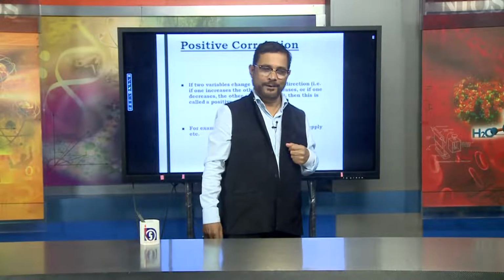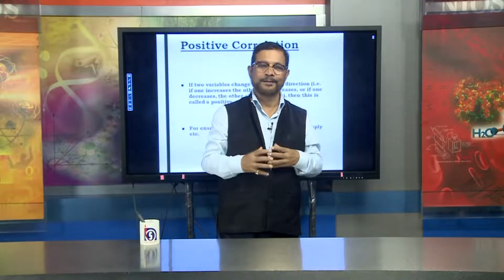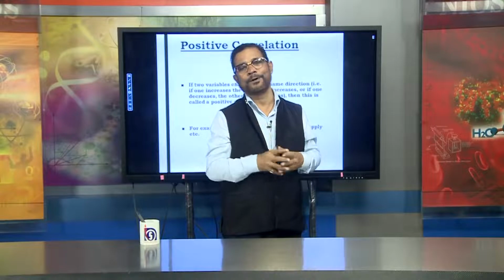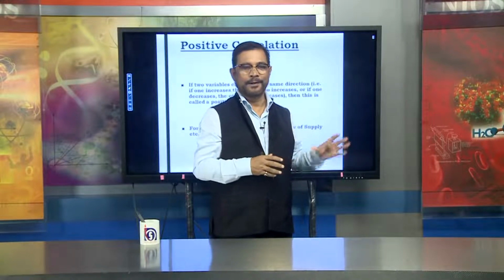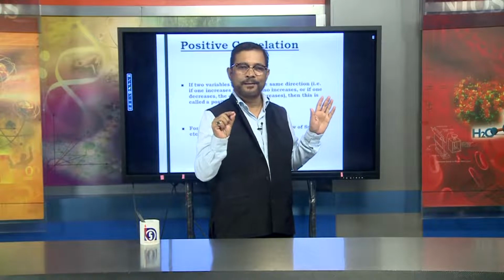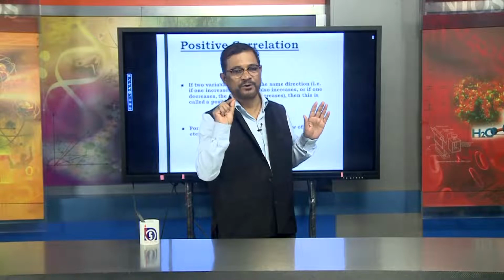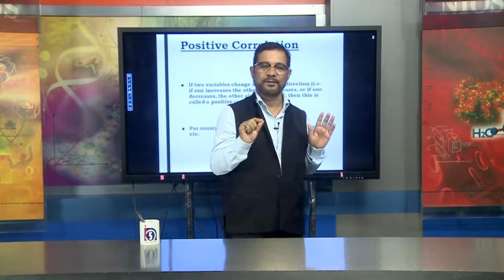Clear? Now this is your duty to collect the examples and try to understand the concept of positive correlation. Here I have already given you the hints and concept of this, and it will make your task easier to understand correlation, I assure you.